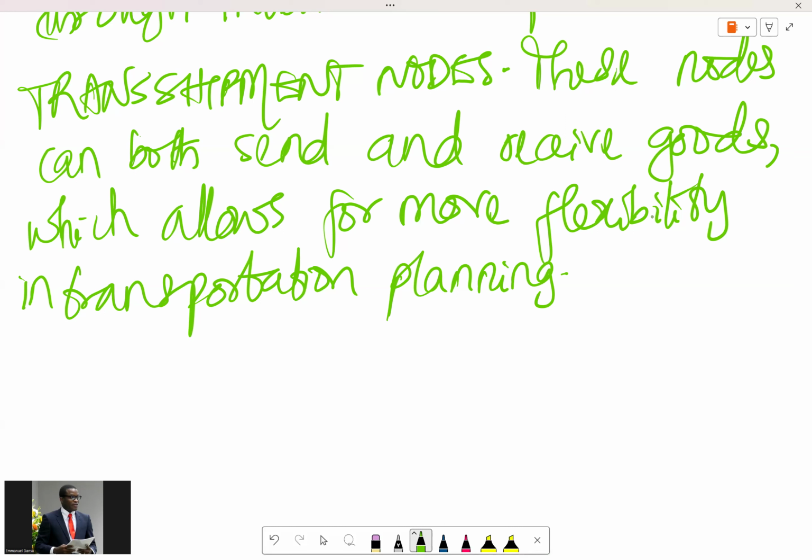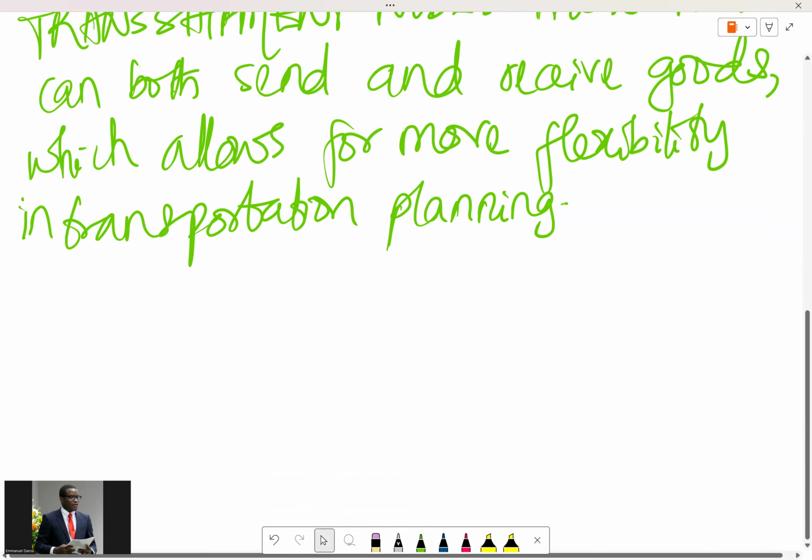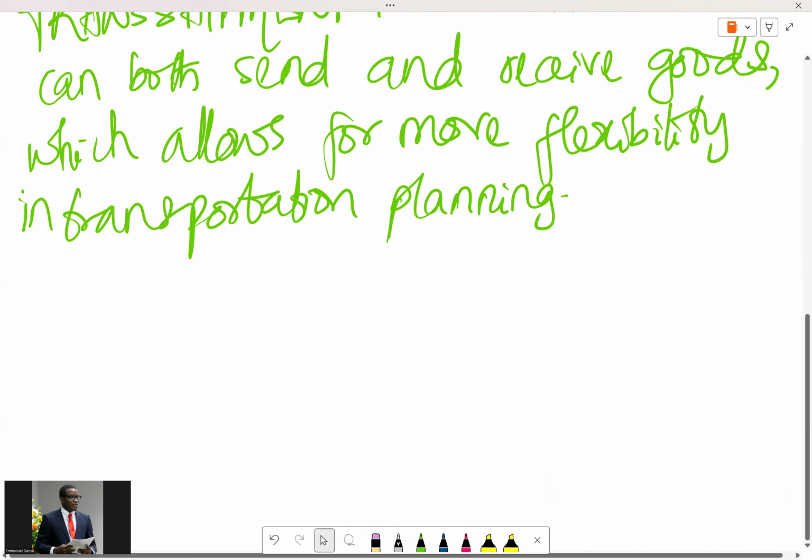Each of the places it gets to before it finally gets to the last destination, you can see those as transshipment nodes. It's a bit more complicated than what we're talking about here, but this gives us a basic idea. It allows for more flexibility in transportation planning.